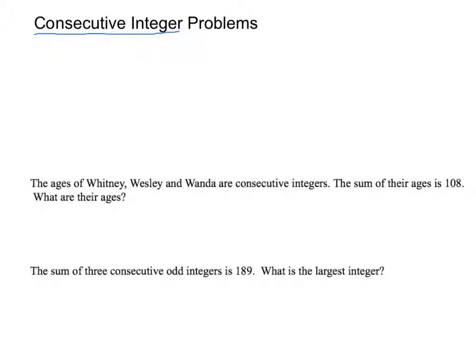So if I have a list of consecutive integers, and let's say the list starts with 5, then I'll have 5, 6 is the next consecutive integer, 7 is the next consecutive integer, 8, and so on. If I have 1, 2 is the next consecutive integer, 3 is the next consecutive integer, and 4, and so on.